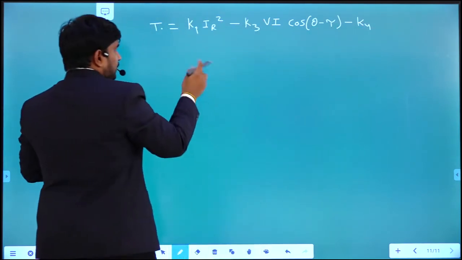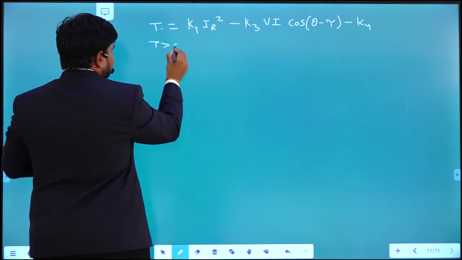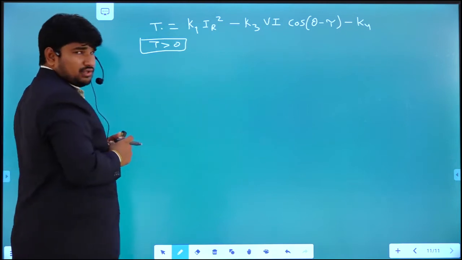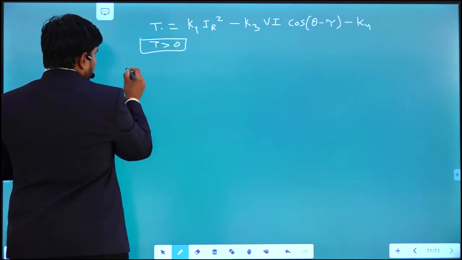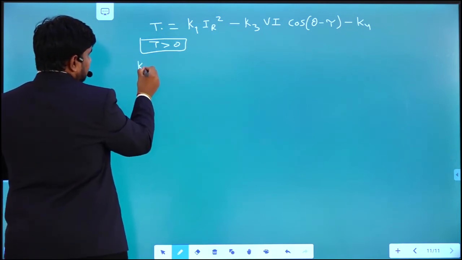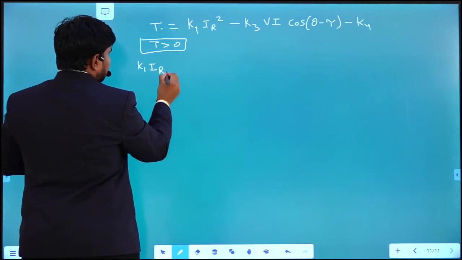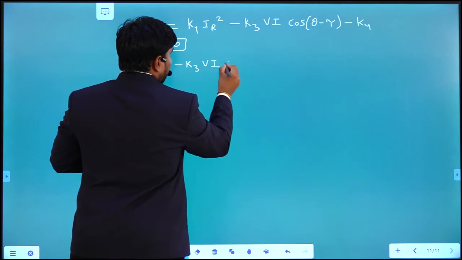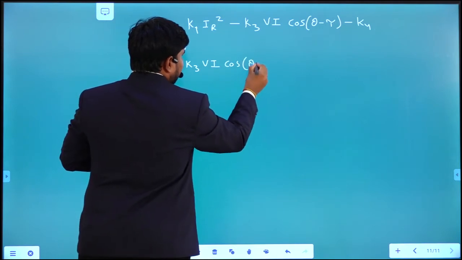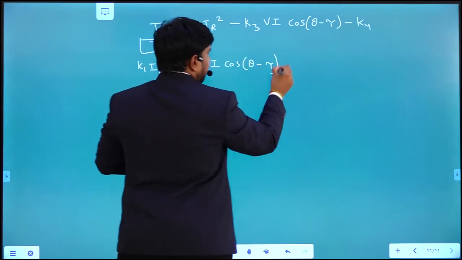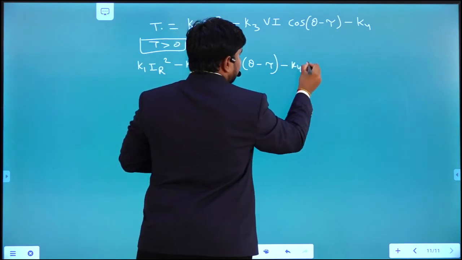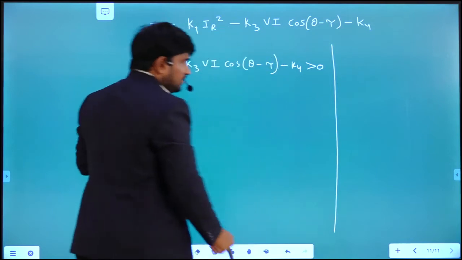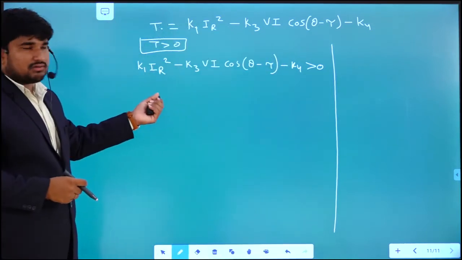Now to produce trip signal, T should be greater than 0, then only trip signal will be produced. So the condition is K1 IR square minus K3 into VI cos of theta minus tau minus K4 should be greater than 0. This is the condition to produce positive torque.